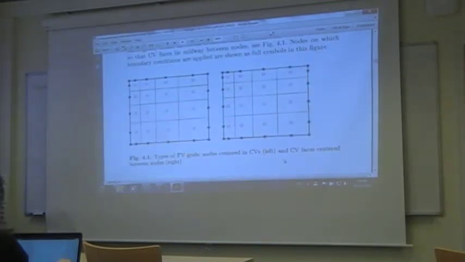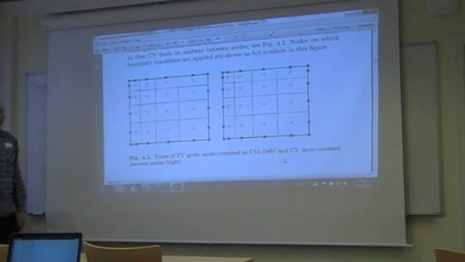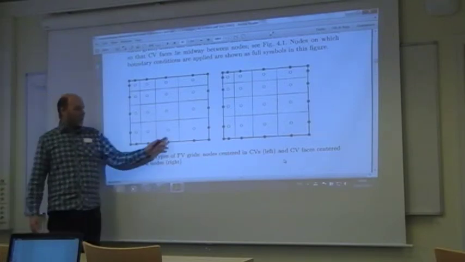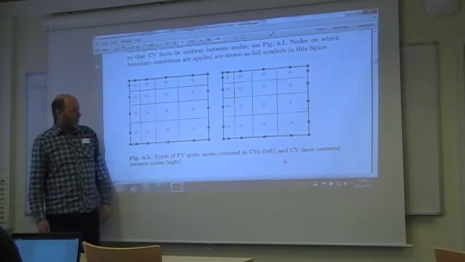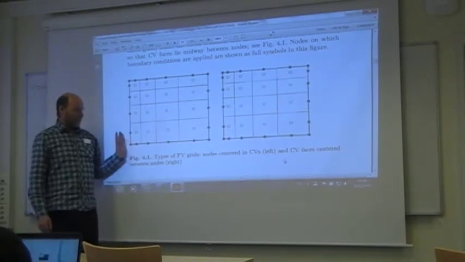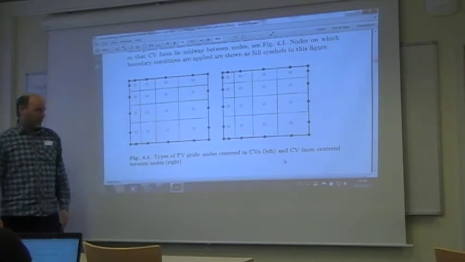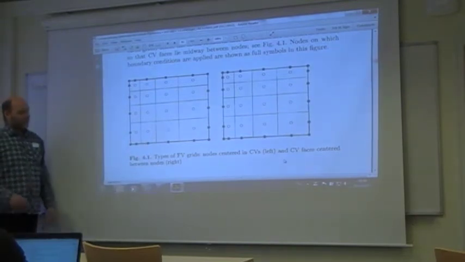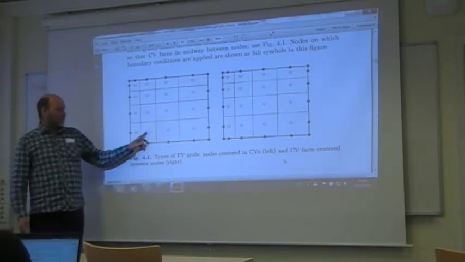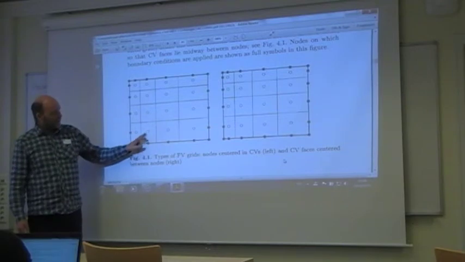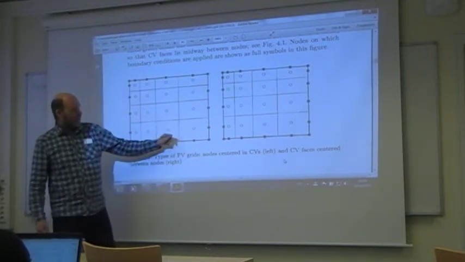Different mesh systems. Of course, there is this question here. Is it a collocated mesh? Where do you have your unknown? And also, how will you handle meshes that are not with a constant delta x and delta y? So here you see the nodes. They are centered inside each single cell.